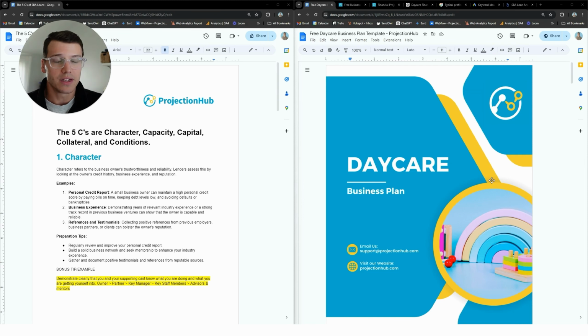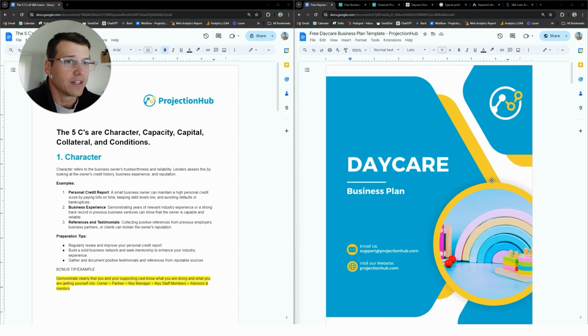We also help with business plans and SBA reviews and a whole lot of things, but our specialty expertise is in the financial projection side of things. We've helped more than 50,000 small businesses create financial projections for many of the things I just listed. So we've seen a lot of business plans and a lot of projections, both in our former experience as SBA lenders and our current experience with Projection Hub. That's the lens I'm going to be talking about this through today.